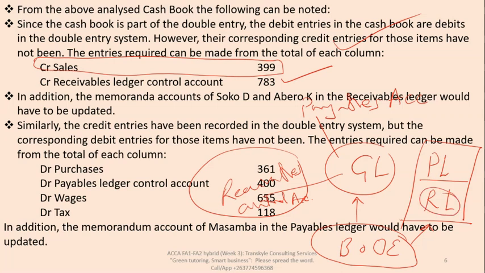We also highlighted that the way the general ledger gets information from the books of original entry, it only takes totals. But the payables ledger or the receivables ledger, whenever they take information from the books of original entry, they take it line by line. That's the difference. But we touched much on that in our previous lecture.